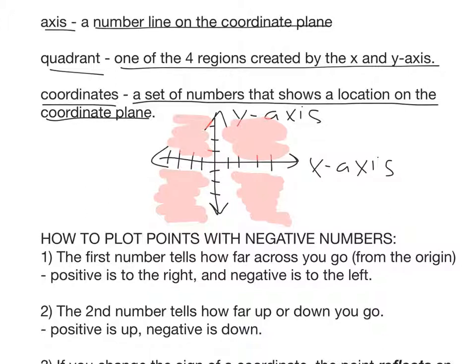The first quadrant in the upper right, I'll just put a Q, is quadrant 1. The upper left is quadrant 2. The bottom left is quadrant 3, and you'll see they use Roman numerals to mark the quadrants. And the bottom right is quadrant 4, and so that's an I and a V. That's Roman numeral 4.